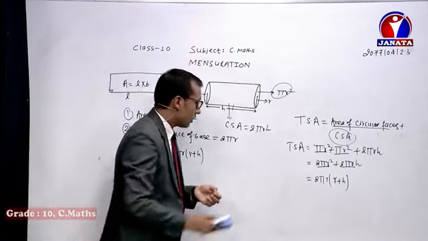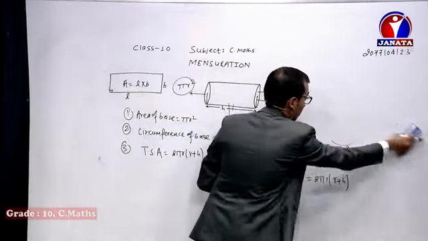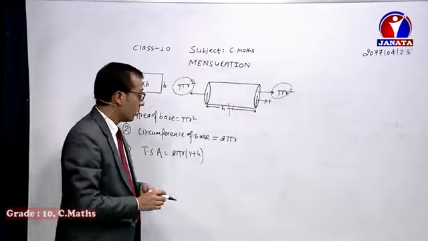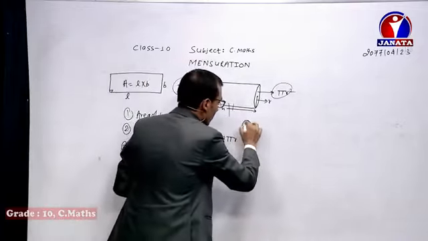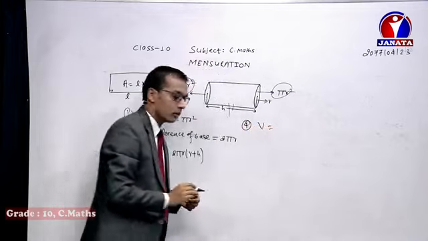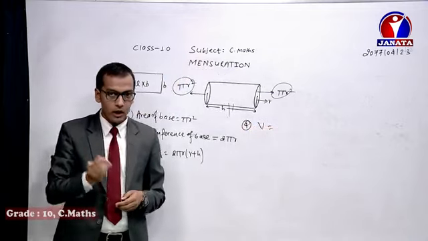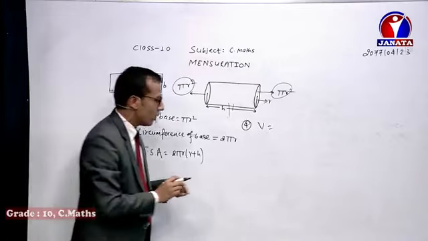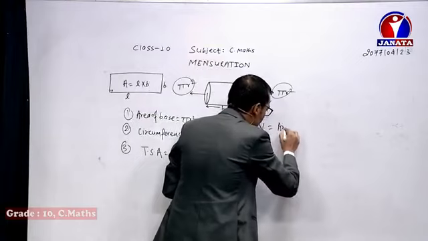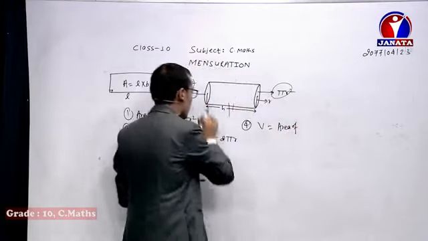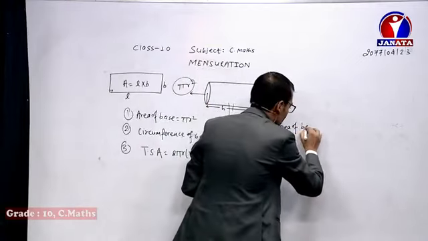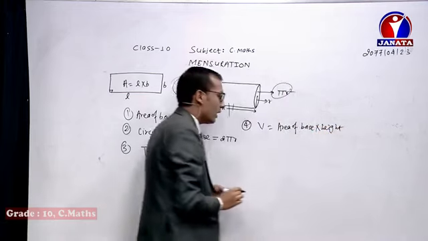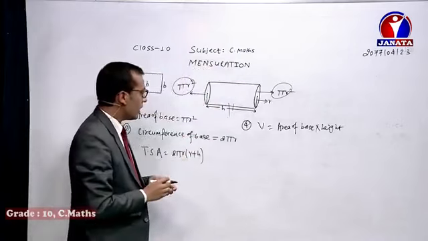Similarly, what is the volume of this solid? In case of a 3D object, volume is base area times height. The base is circular, so what is the area of base?